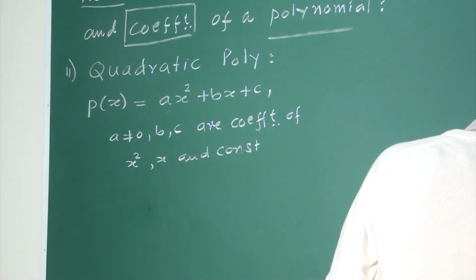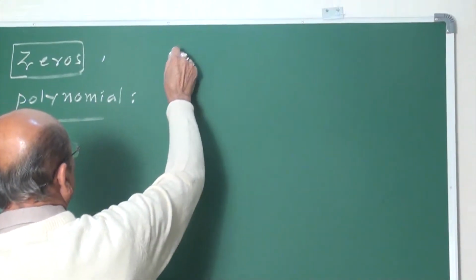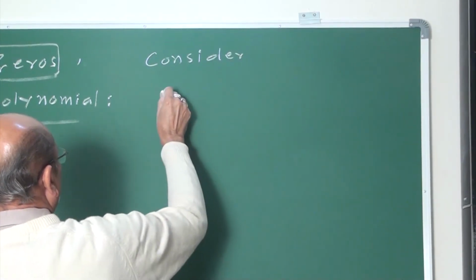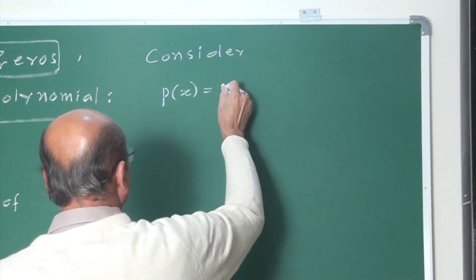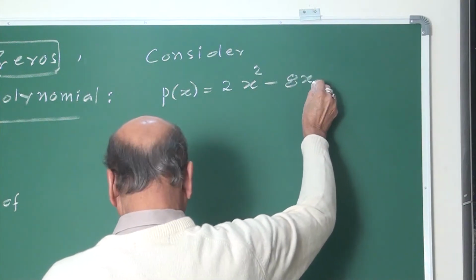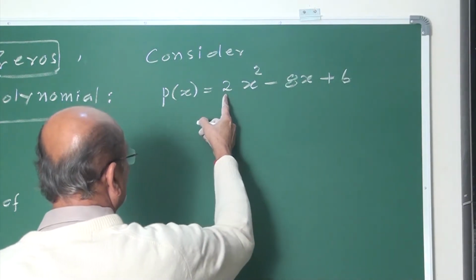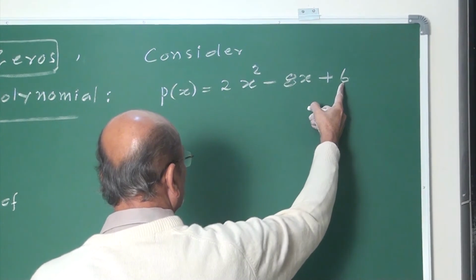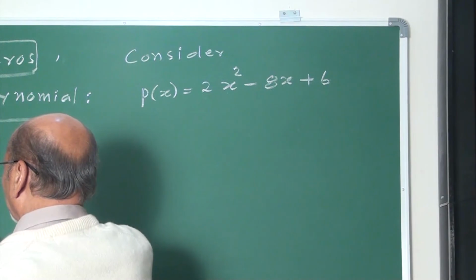As a particular case you consider p(x) equal to 2x square minus 8x plus 6. First, coefficient of x square, second, coefficient of x. What is third? It is a constant term. Yes, you know it. I just reminded you.